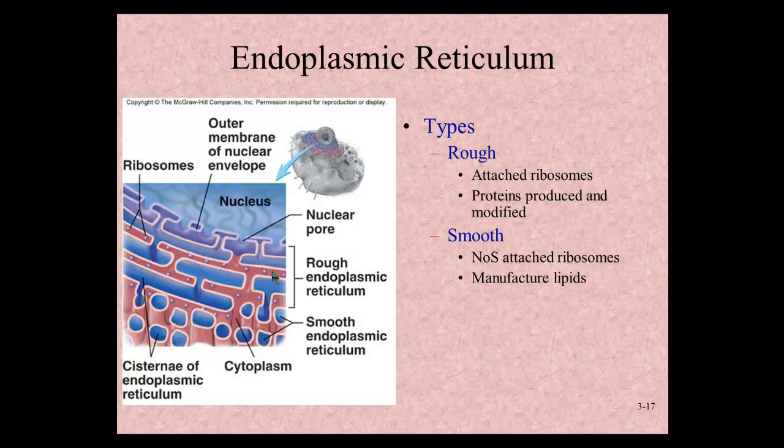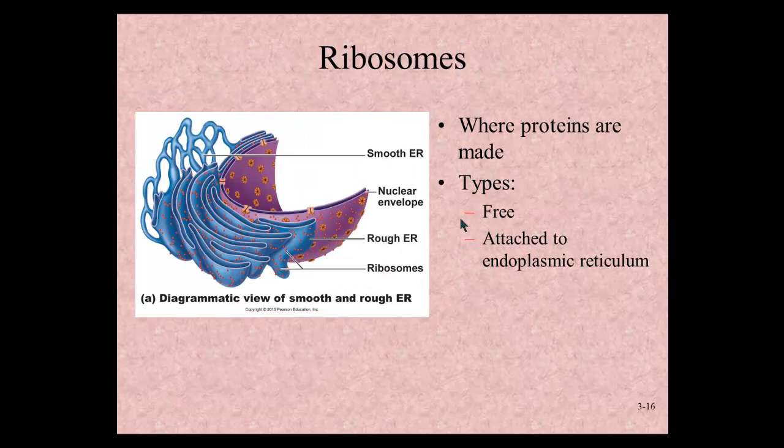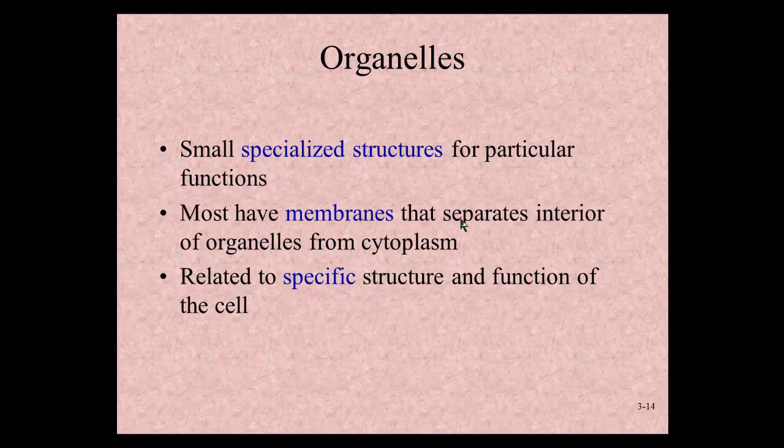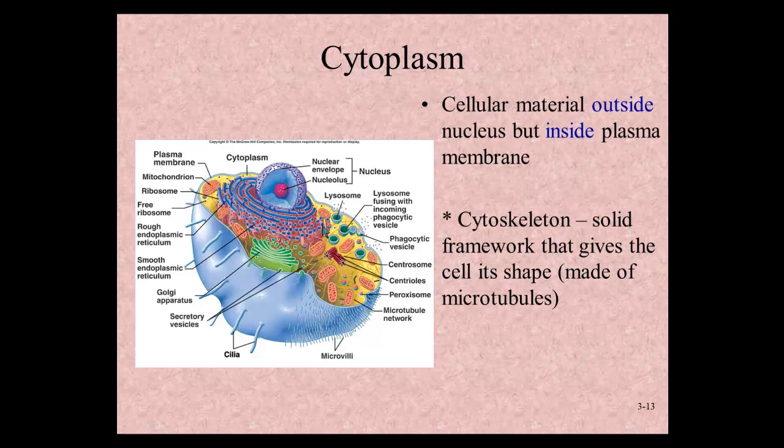So it's the smooth ER. So it looks just like the rough ER. However, we're going to see that without ribosomes attached. So if we look at our model here, looking for the smooth ER, we can see here there's no ribosomes attached to the surface here. That would be an example of the smooth ER.